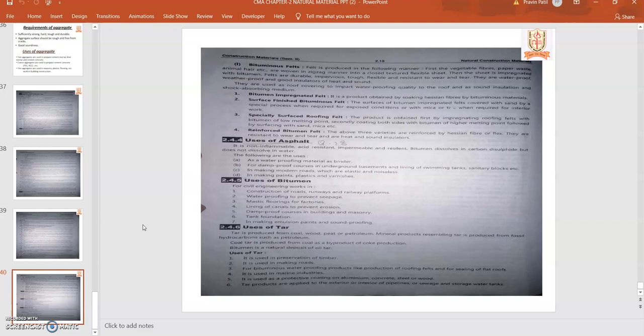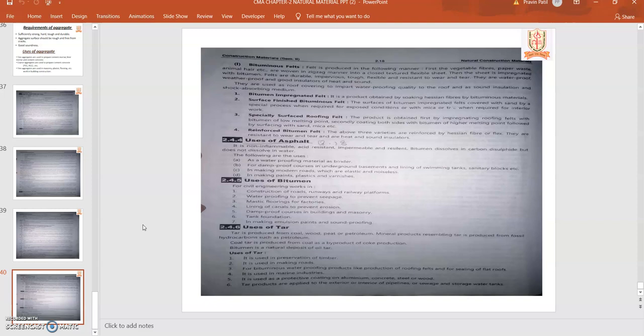The product is obtained first by combining roofing felt with bitumen of low melting point. Secondly, coating both the sides with bitumen of higher melting point, followed by surfacing with sand and mica. Then last, that is reinforced bitumen felt.